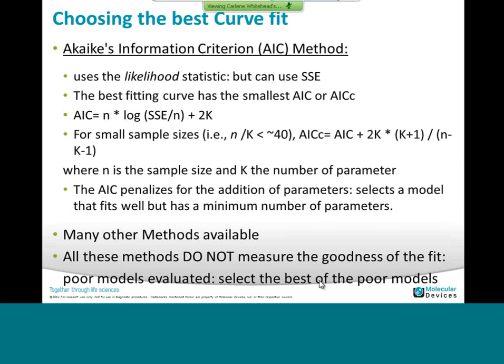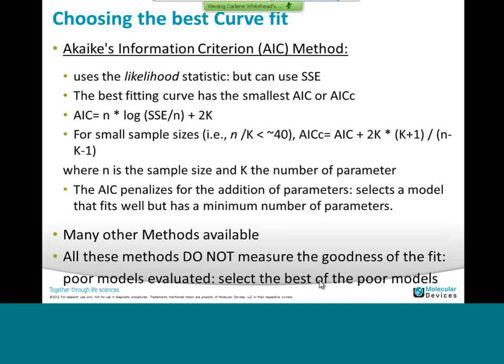So you don't need additional statistics to confirm that the curve with more parameters is best for the data. Here, the AIC method will penalize the addition of parameters, and therefore it will select a model that fits well but has a minimum number of parameters.